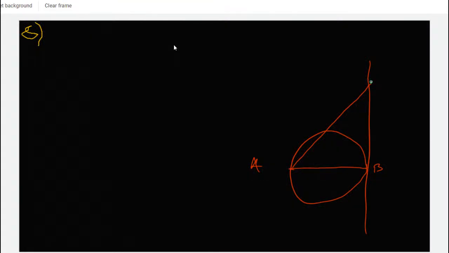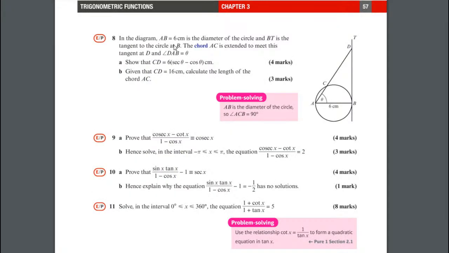Okay, so I've got this C. Any other point? D and T. Anything else? This is theta. This is 6 cm.